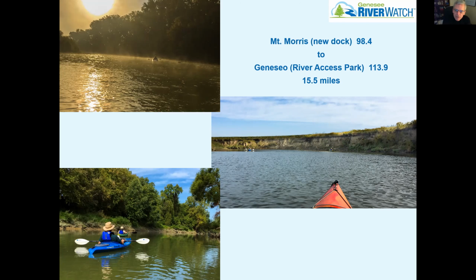The one in the middle shows what I'm talking about in terms of high banks. There's a lot of bank height there, and that geology and the river erosion there kind of dictates what we're thinking about doing in terms of stream bank stabilization.